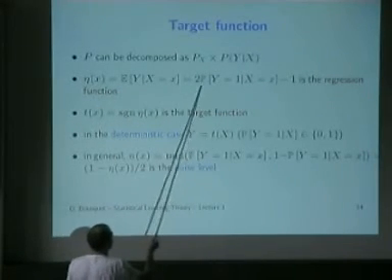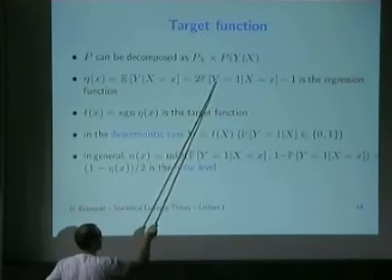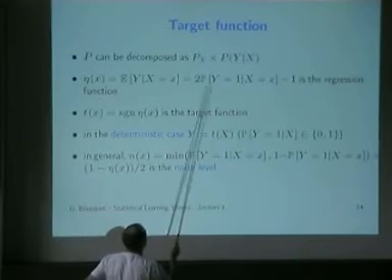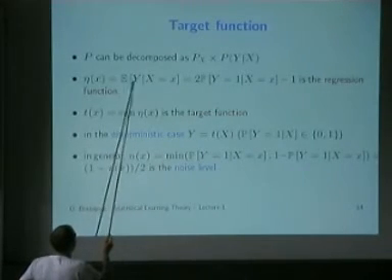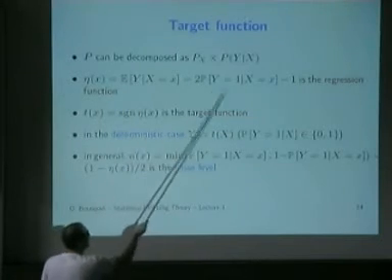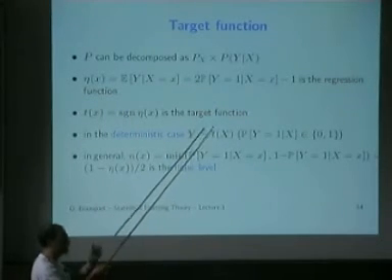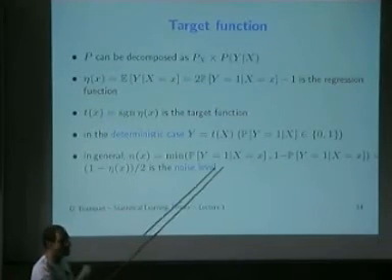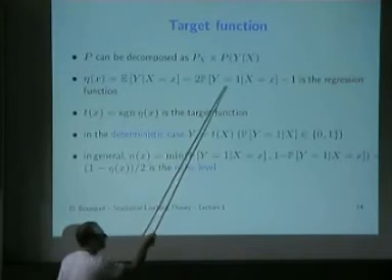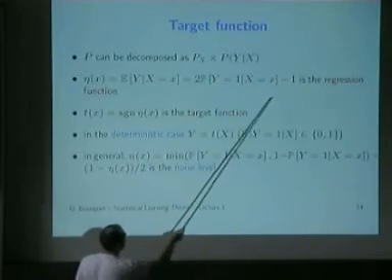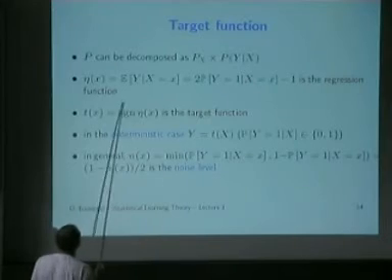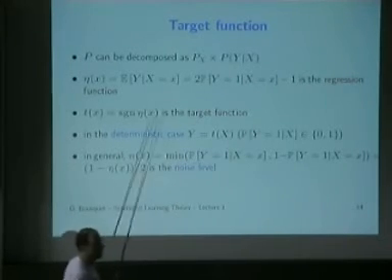It's also twice the probability that y equals 1 minus 1. That's easy to see. Essentially, the expected value is the probability that it's 1 plus the probability that it is -1 times -1. So probability that y equals 1 minus probability that y equals -1. And that's equivalent to this here. That is usually called the regression function.